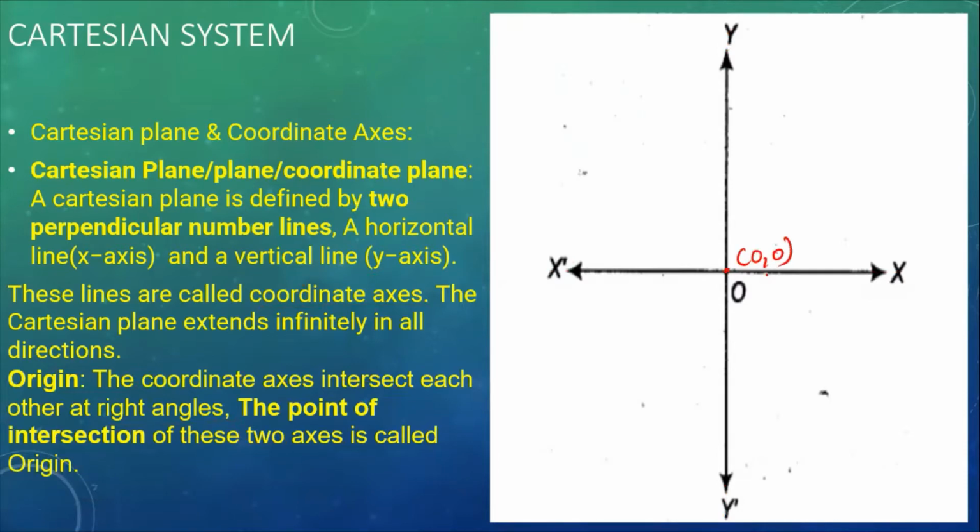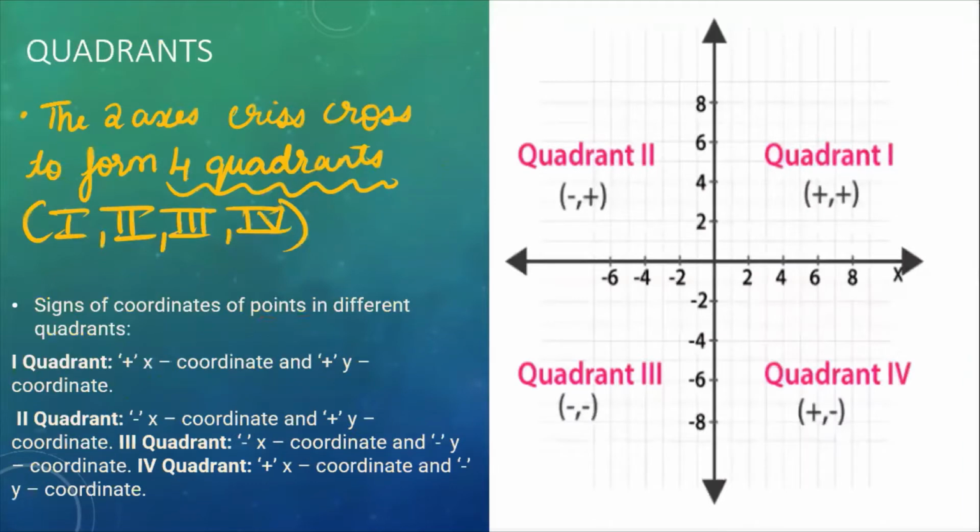Now what is this coordinate? Let's check it out, but before that let us understand what a quadrant is. You see that these two axes intersect each other and they divide the page into four parts, right? Like this is the first, this is the second, third, and fourth. Four quarters, not halves, four quarters, right?